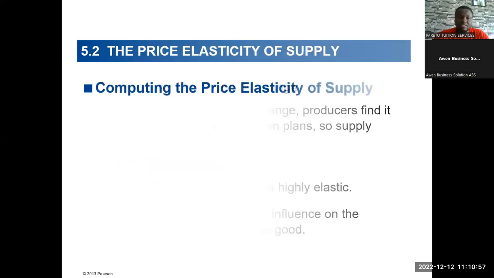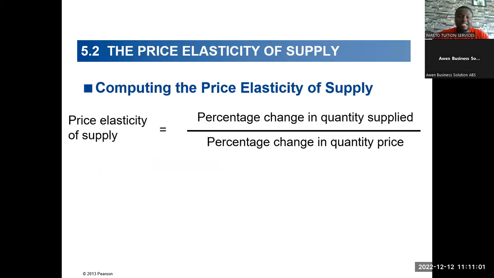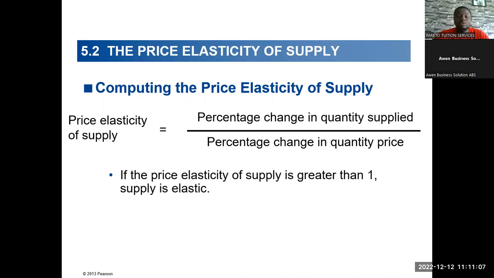Okay, another issue. How do we compute price elasticity of supply? The same formula. Percentage change in quantity supplied over percentage change in price. Okay. So about the numerical value, the value will always be positive because of the positive relationship between supply and the price. So if you calculate the supply elasticity and you get a coefficient greater than 1, it is elastic.